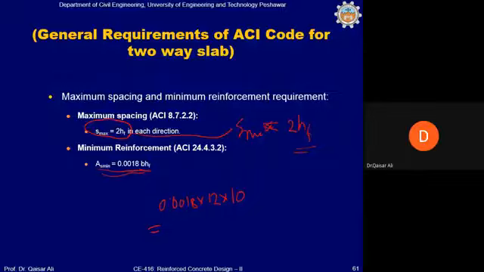Critical locations are positive bending moments at the midspan and negative bending moments at the supports. So you calculate this minimum reinforcement in the beginning and then proceed with your calculations.